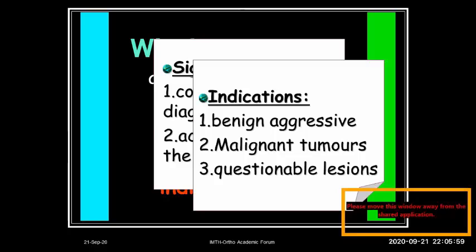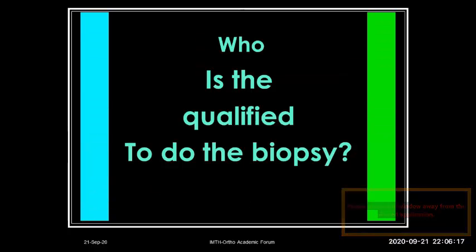And when will biopsy be indicated? It will be indicated in any questionable lesions, any malignant tumors and any aggressive benign tumors such as giant cell tumor. You have to take a biopsy before you go in.